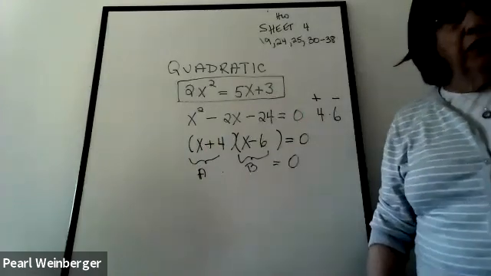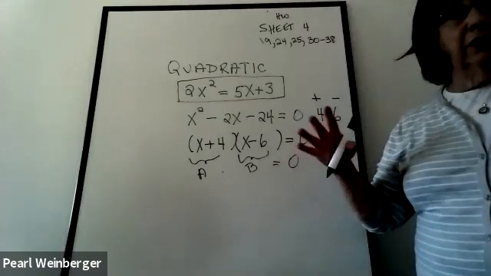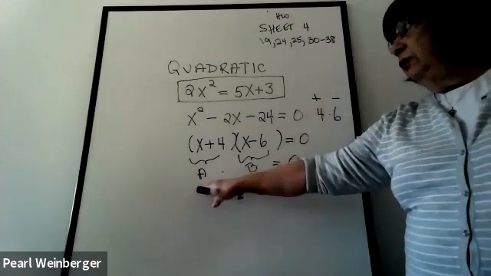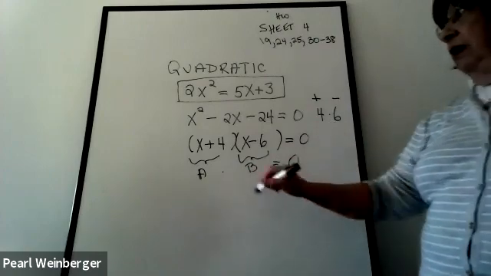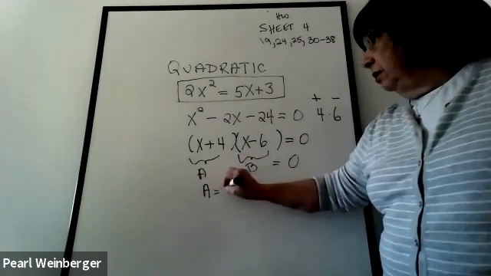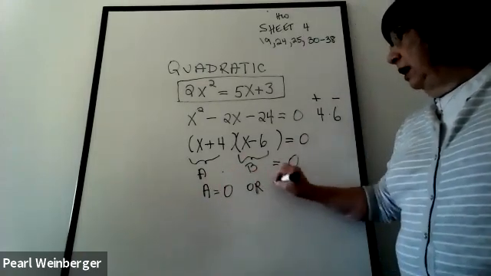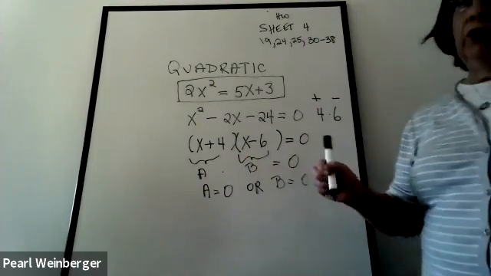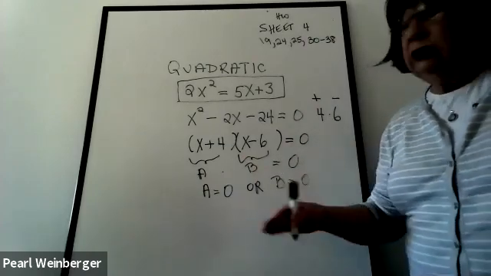Now 0 has a very interesting characteristic, and that's the fact that if two numbers multiply to 0, one of them has to be equal to 0. Either a equals 0 or b equals 0. It doesn't matter which one, but you can't get a 0 as an answer when you multiply if you're not multiplying by a 0.